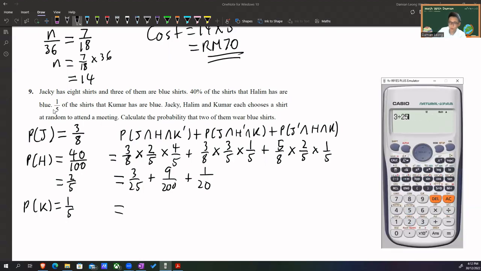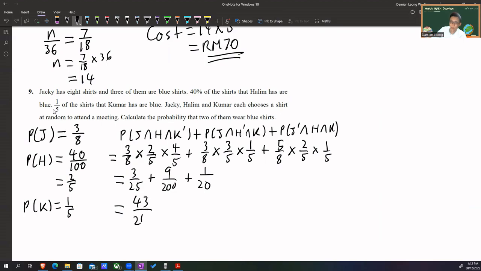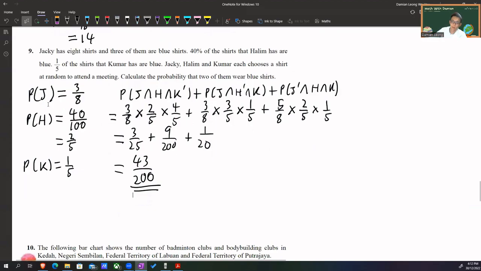Adding together 3 over 25 plus 9 over 200 plus 1 over 20 gives 43 over 200. That is the probability that exactly 2 of them wear blue shirts. That's question 9.